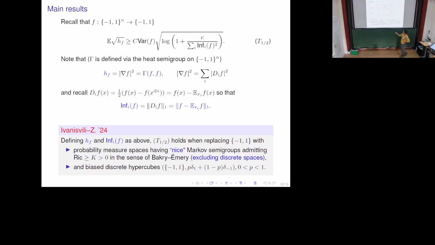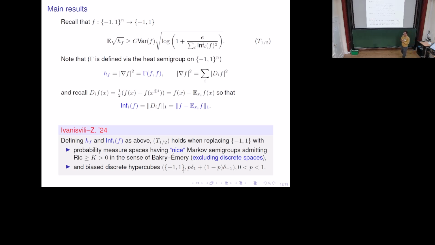So another part of the result says that the result actually works for more general discrete spaces, among which we select these biased discrete hypercubes as typical examples, which means I still have ±1 as my underlying space, but the probability measure is replaced by the biased probability measure. It has probability p at 1 and probability 1 minus p at -1, with p being any real number between 0 and 1.